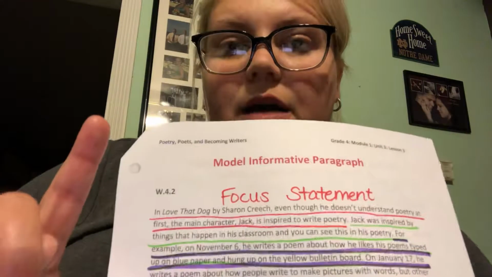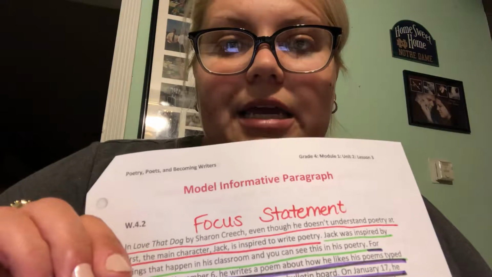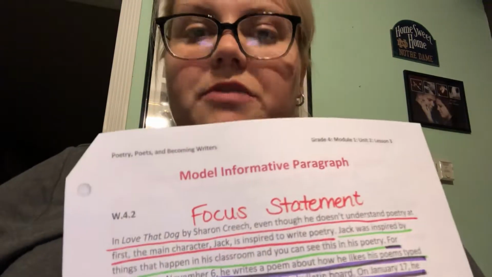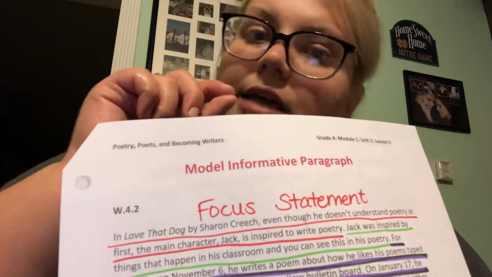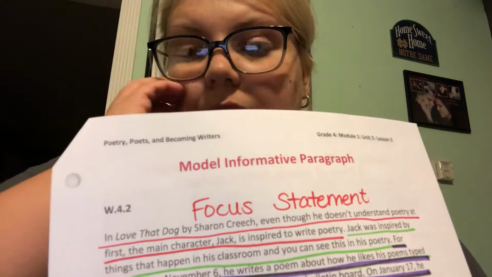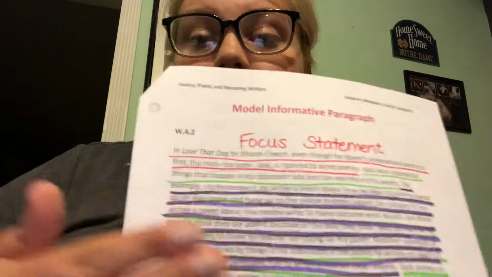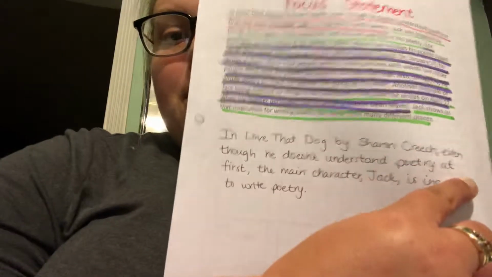Are you going to write about how Jack's poetry was inspired by his dog Sky, or how Jack's poetry was inspired by other poets? And you're going to write a focus statement, just like this, underneath, but for one of those topics.